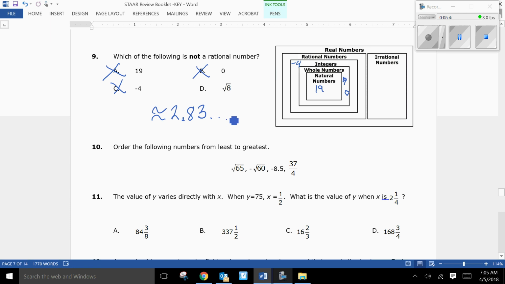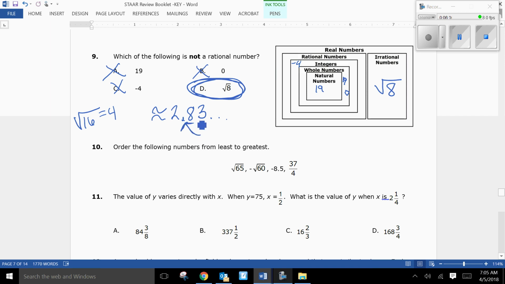So I don't know how long this number is. I can't actually get an exact amount for square root of 8. Square root of 8 is an irrational number. Now, if I had something like square root of 16, square root of 16 equals 4, so that would not be irrational. But square root of 8 is irrational because I can only estimate it, like pi.